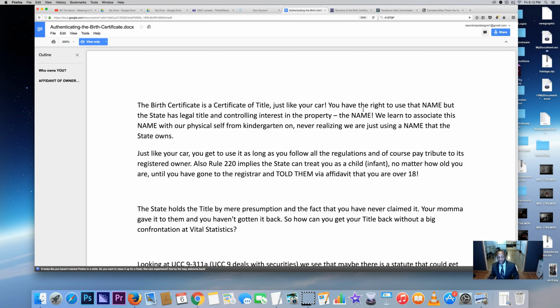So hopefully you guys understand that analogy and concept. Registering our vehicles: to register means to give ownership to. That's the whole reason why they want you to register your vehicles, register our property.